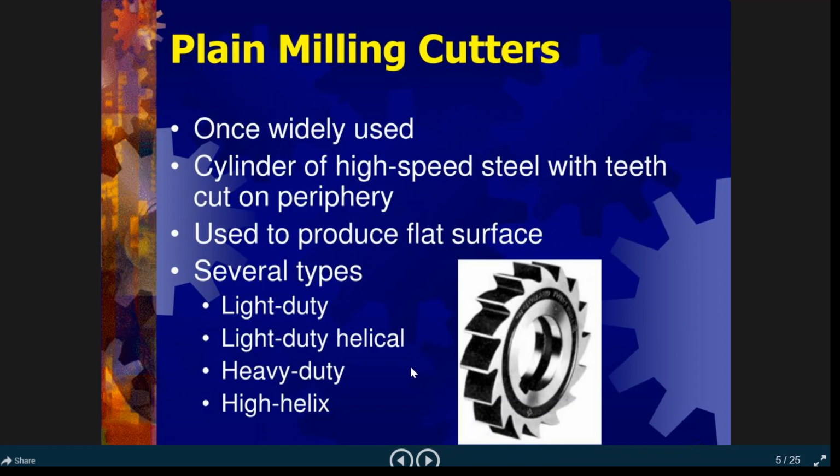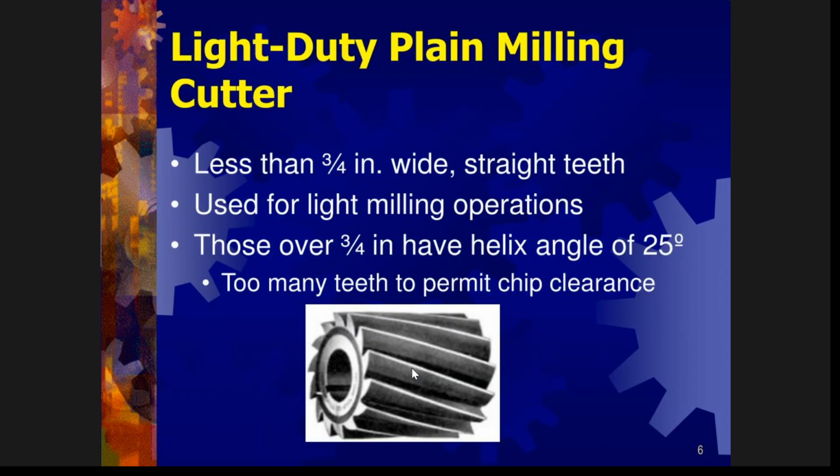Different types of plain milling cutters are available. This is the simplest one, where the cutting edges are parallel to the axis of the cutter. Here you can see the cutting edges are inclined, so a helix angle is there, and here the helix angle is 25 degrees. This is a light duty plain milling cutter.